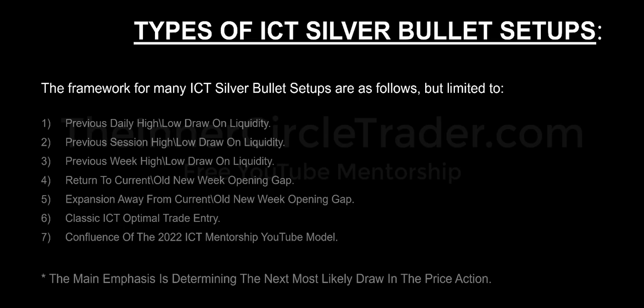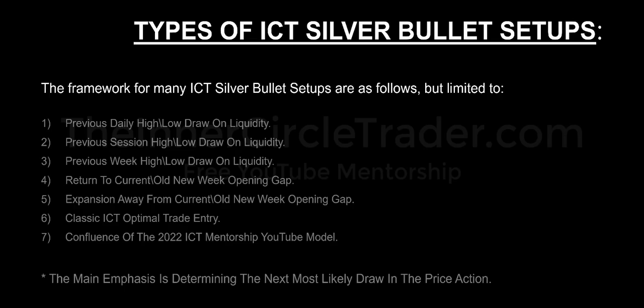Confluence of the 2022 ICT Mentorship YouTube model, which I taught for free on this YouTube channel, meaning that your draw on liquidity could be an inefficiency above the marketplace when we're bullish, or an inefficiency below the price when we're bearish, which means that if we're bearish, we could be aiming for a discount, buy side imbalance, sell side inefficiency, or some measure of fair value gap that would be below current price action. That would be your draw when bearish.